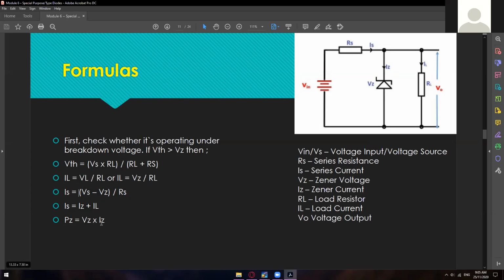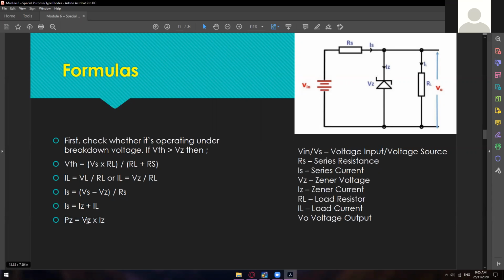And then for the PZ, same with our formula in power, like P is equal to I times V. But in here, for you to be able to get the power in the Zener diode, you have to get the voltage of the Zener diode and then the current of the Zener diode also.